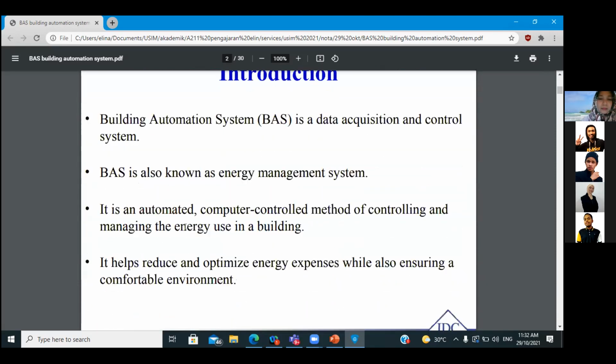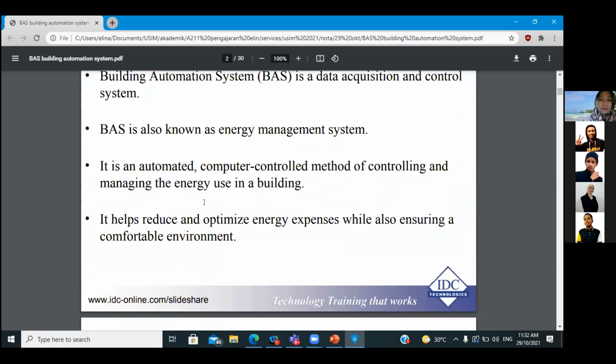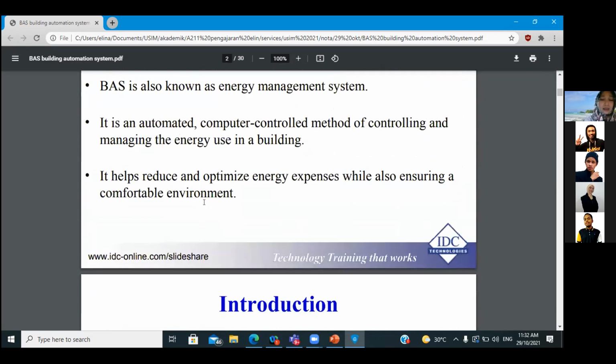What is it? BUS. Building automation is a data acquisition and control system. BUS is also known as energy management system. They will control the building, control the usage, how much electricity the building uses, how to optimize. Is it still comfortable?